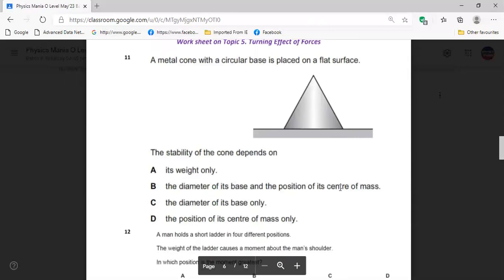Okay, 11. The cone has a circular base placed on a flat surface. The stability of the cone depends on B, the diameter of its base and the position of its center of mass. Yes.